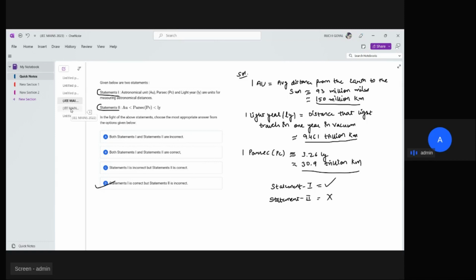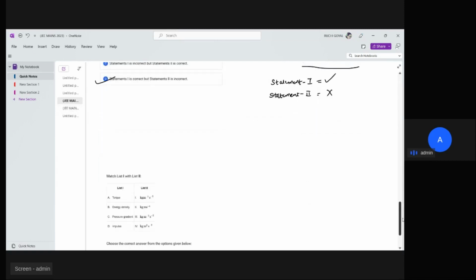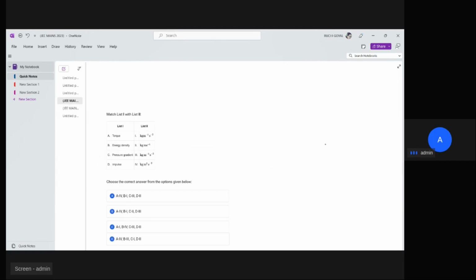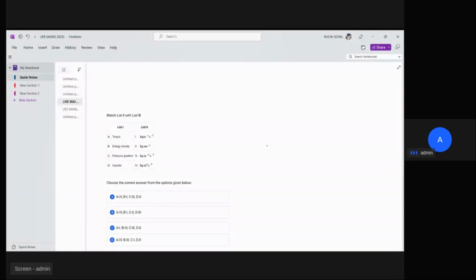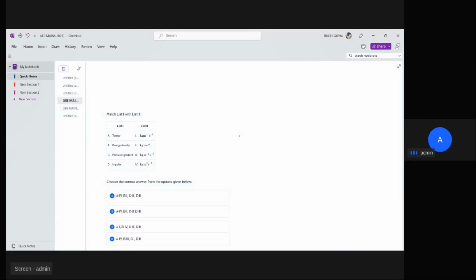Let us move to the next question. Match list 1 with list 2. In list 1, some physical quantities are given, and in list 2, their units are given. We have to match them. For A, what is given? Torque. What is the formula of torque? Force into displacement.